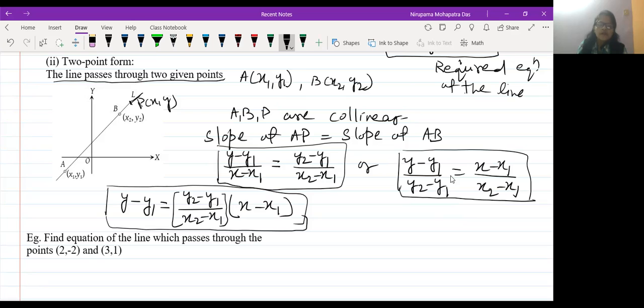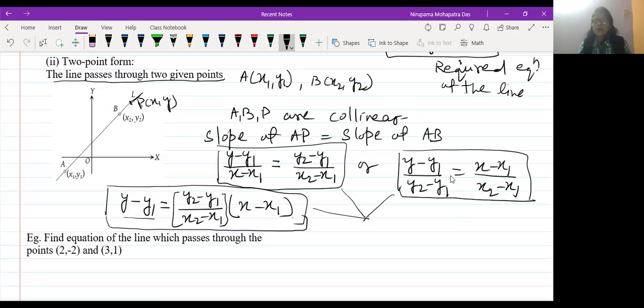Since we are not given any inclination or the slope directly, but we are given two points, from that information we can find the slope of the line. Then we apply y minus y1 equal to m into (x minus x1). So you can take any of the three.